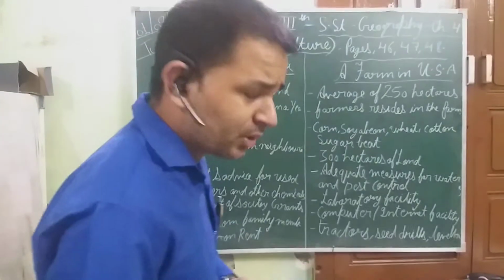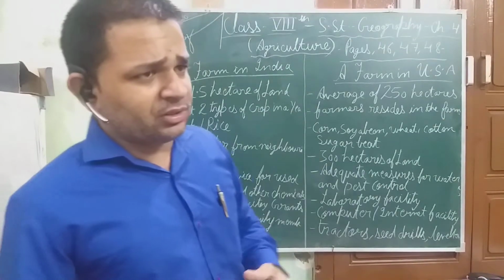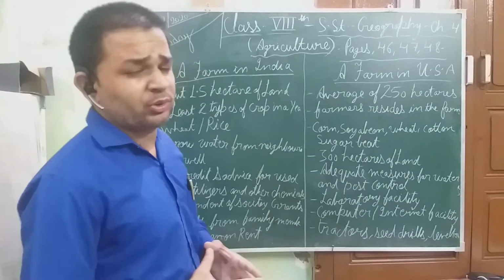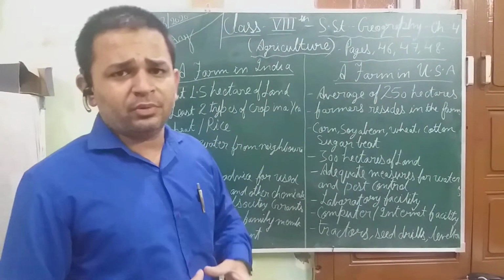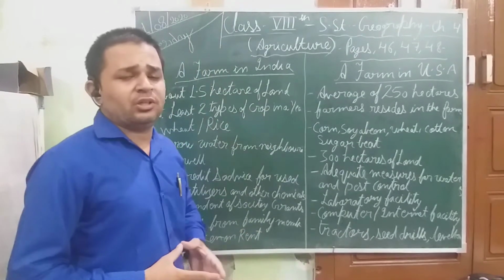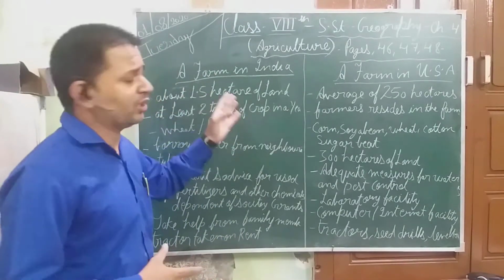So let's see. In India, the average agriculture field that a farmer occupies, though it varies according to state, we have taken an area of Uttar Pradesh, Ghazipur district. The average area occupied there by the farmer is about 1.5 hectare.